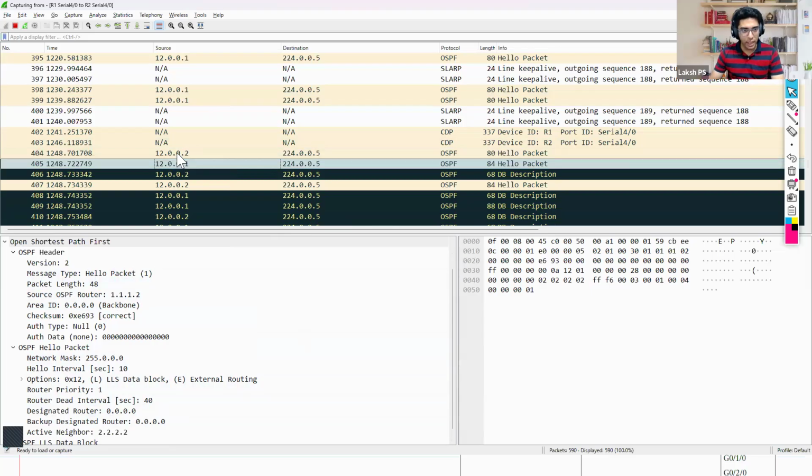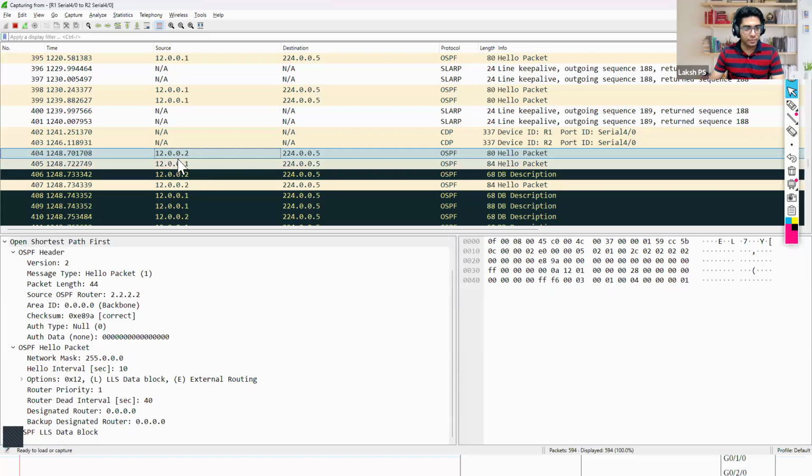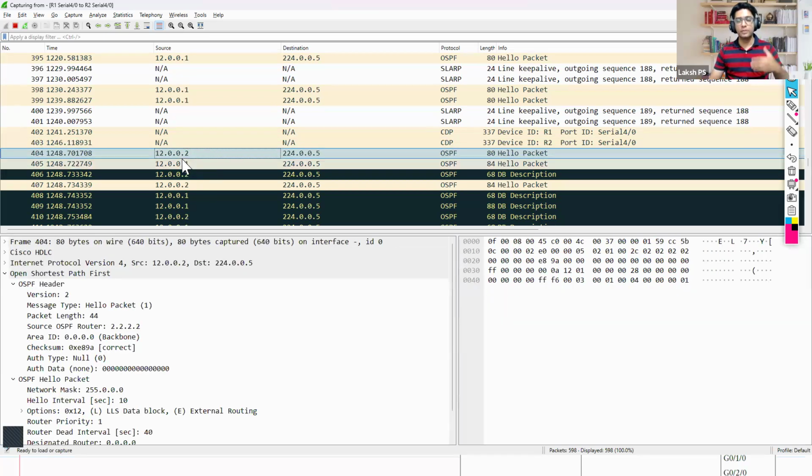This is R1's hello message and this is R2's hello message. We can see everything is matching except the router ID and the checksum. We leave the checksum as of now. So this is what happens for the two routers to exchange hello messages. These parameters should match. Then only they will move ahead.